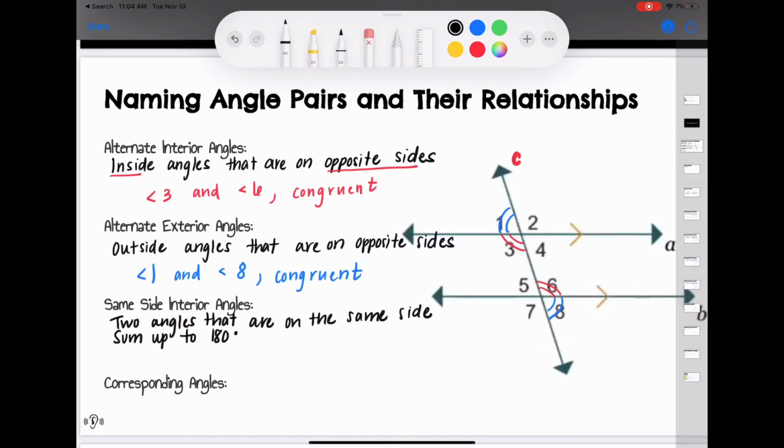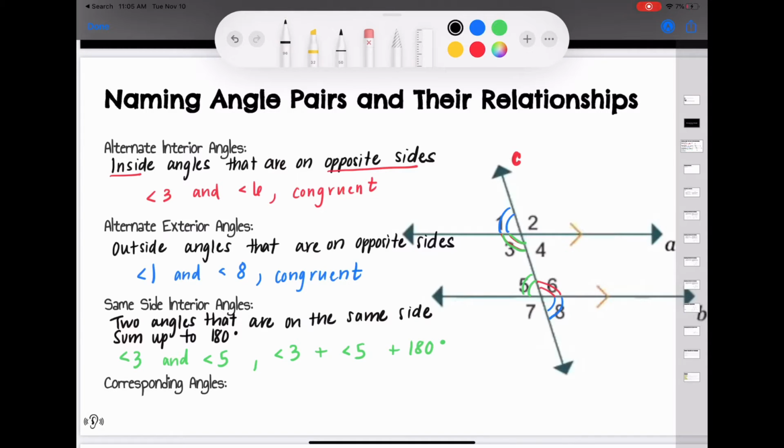The same side interior angles that we can identify here are 3 and 5. Angle 3 and angle 5 are same side interior angles. More specifically, if we add angle 3 and angle 5 together, we'll get 180 degrees.